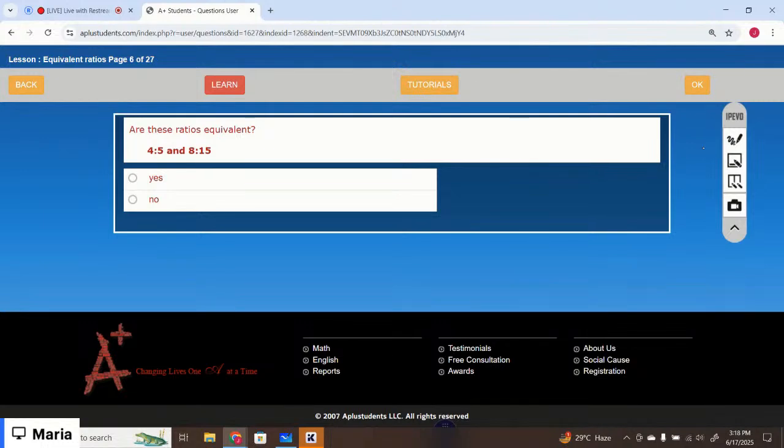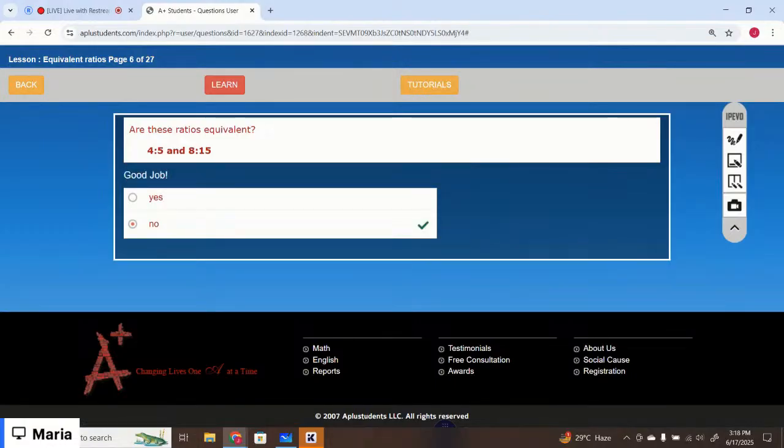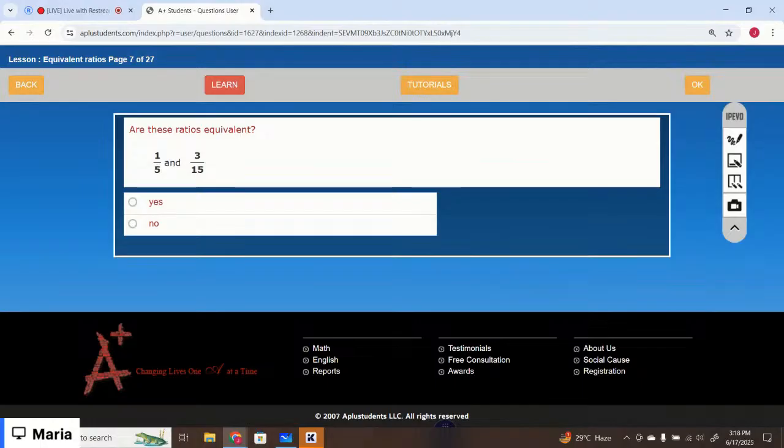The correct option is the one that says incorrect. Then 1 by 5 and 3 by 15.